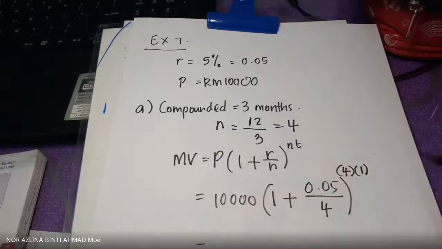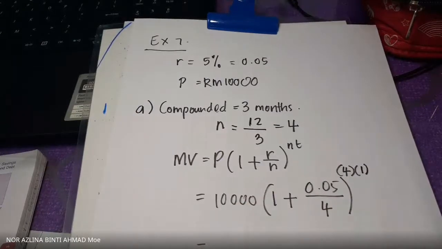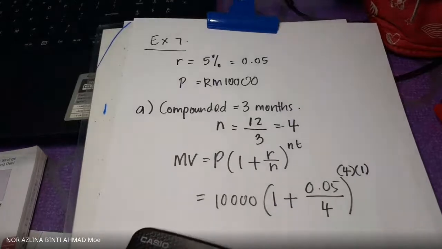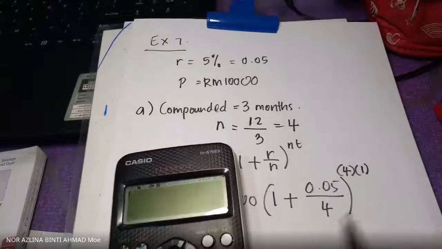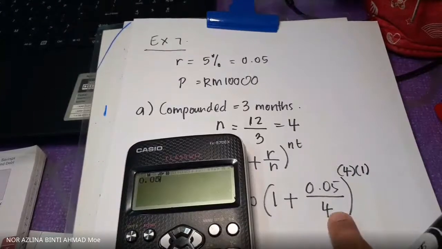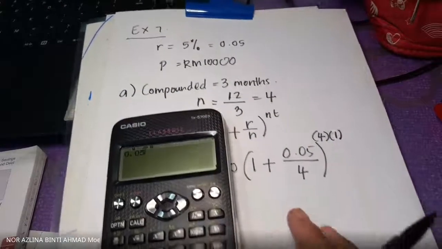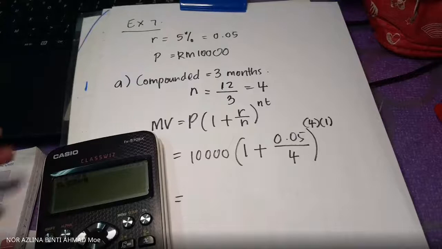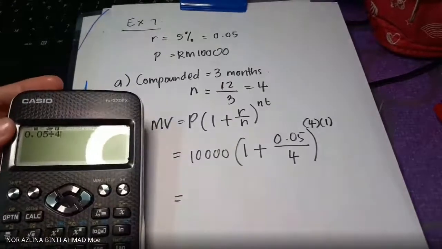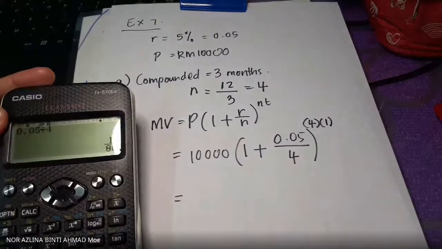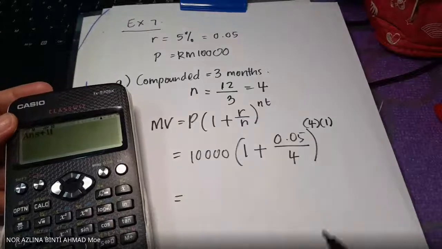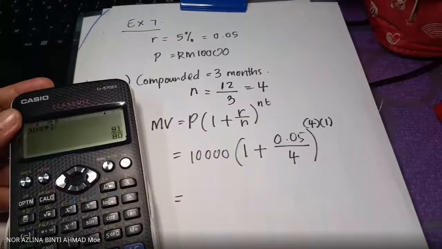So you use your calculator. How to use the calculator? Make sure when you use the calculator, you press the fraction first. Means 0.05 divided by 4. This is equal. Then plus 1. Don't press on. You continue. After you get this answer, then you plus 1 equal.